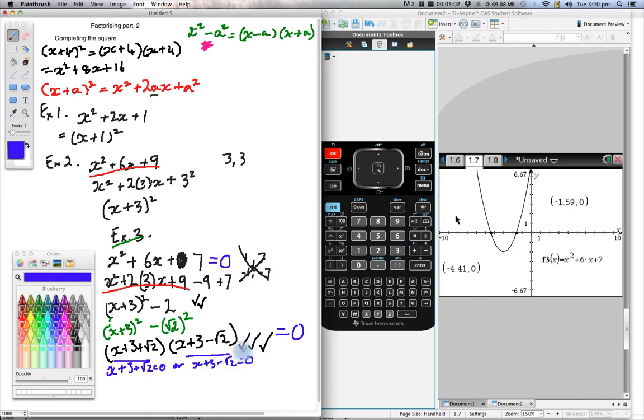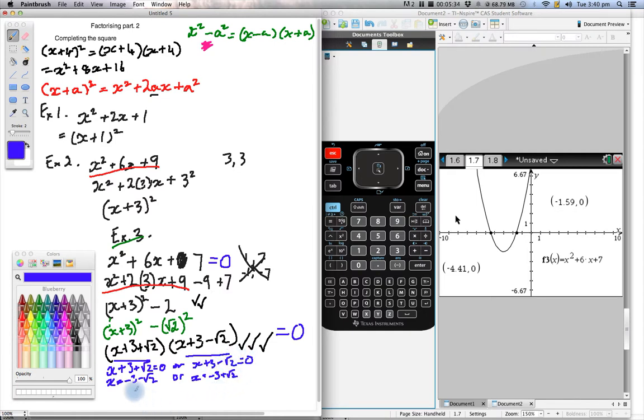That is the null factor law. So for this to equal 0, let's shift everything except x onto the other side. So I'm going to subtract 3 plus root 2 from both sides. So now I've got x equals minus 3 minus root 2, or x equals minus 3 plus root 2.